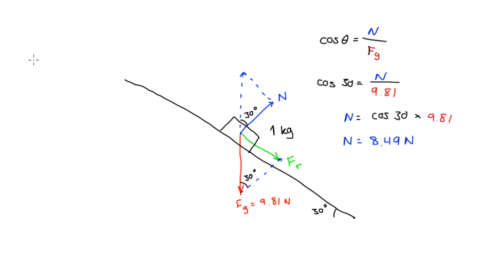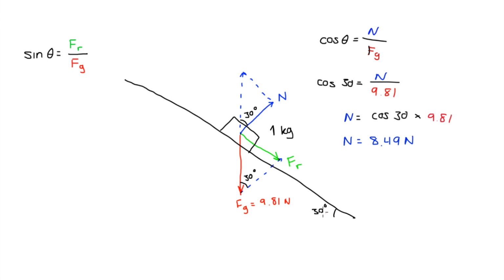And so sine theta will be equal to the opposite side, which in this case is the resultant force, Fr, over the hypotenuse, which is, again, in this case, force due to gravity.